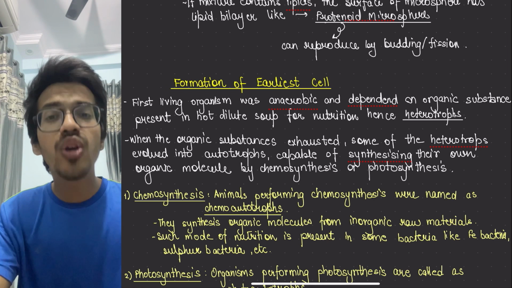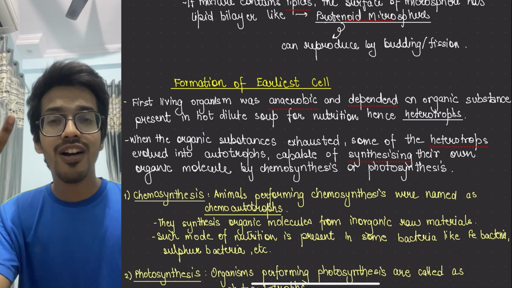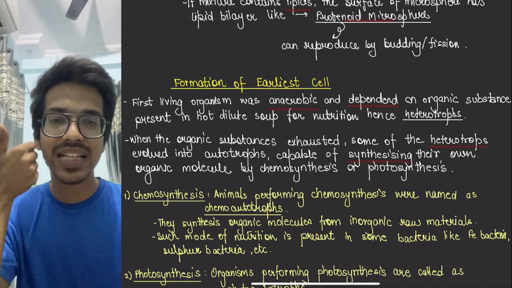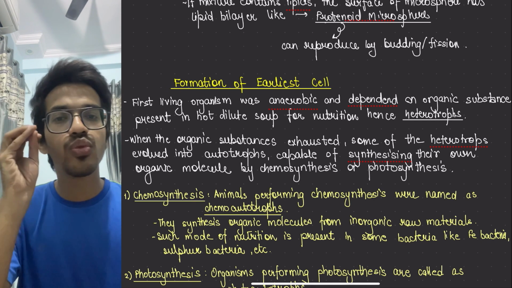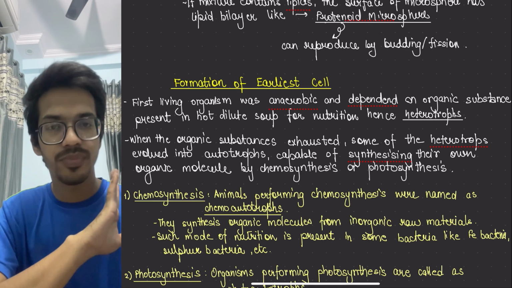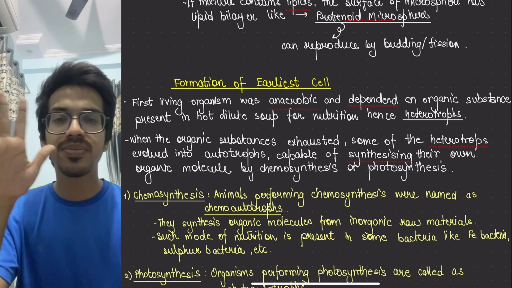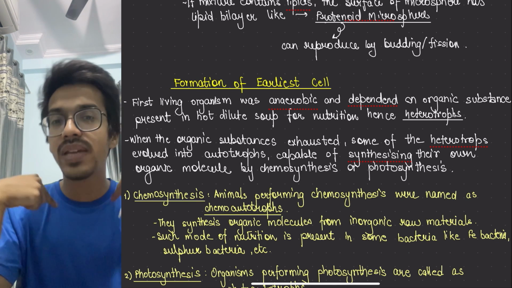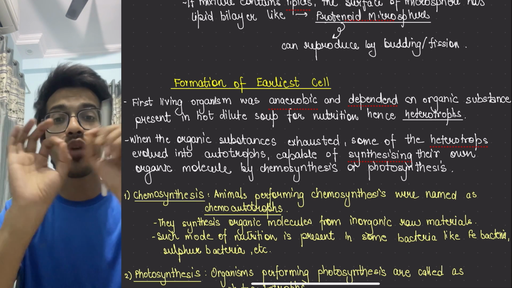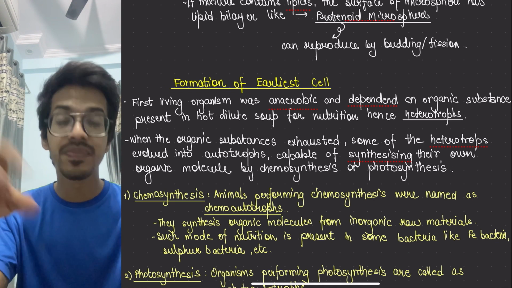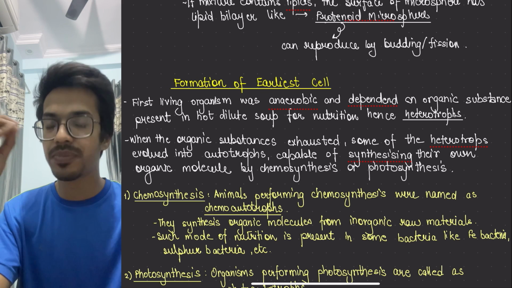Till how long will you be sustaining your life on delivery guys, Swiggy and Zomato? At a certain point of time you need to make your own food in the kitchen, right? So same thing, they felt that the organisms can't sustain like that. If we can somehow make food ourselves from the basic things which are present and get more energy, that would be better. And the concept of autotrophs came up.